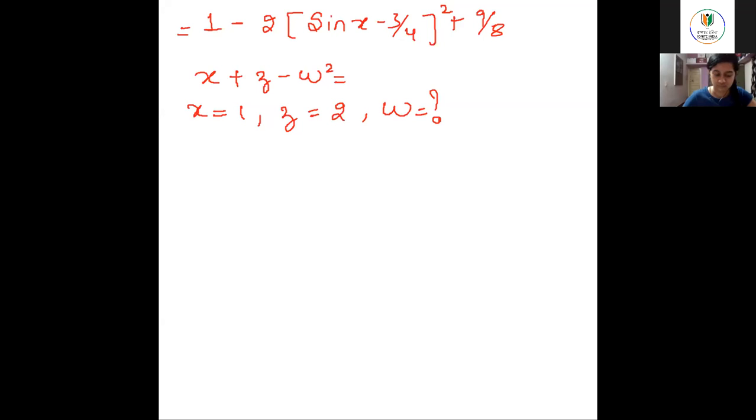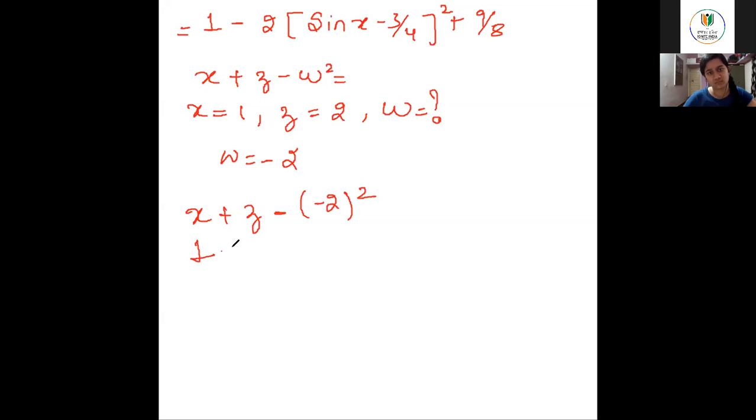The maximum value is 7, if you take minus 2 or 2. If you take w is equal to what, then you get the maximum value? Okay, so if you take minus 2, then x plus z minus of minus 2 whole square.